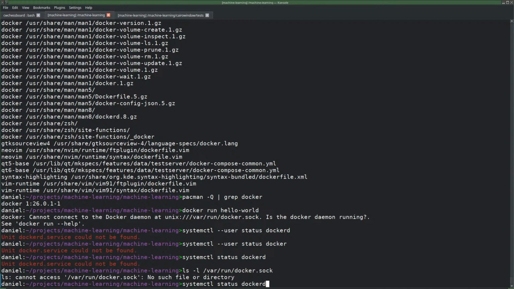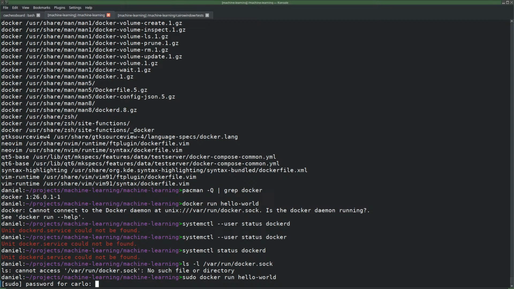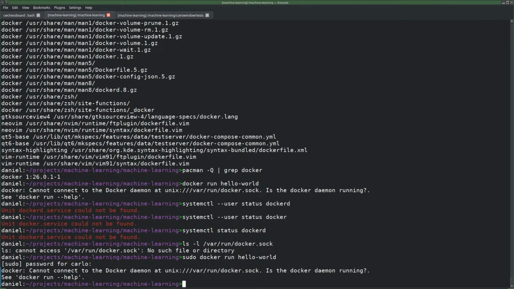What I need to do is start the Docker daemon. Do you think it's going to be started automatically when I do this? Okay then. No, can't connect. Docker daemon is not running.